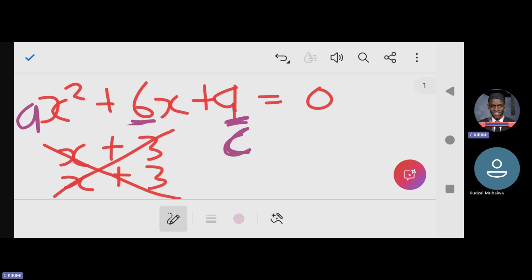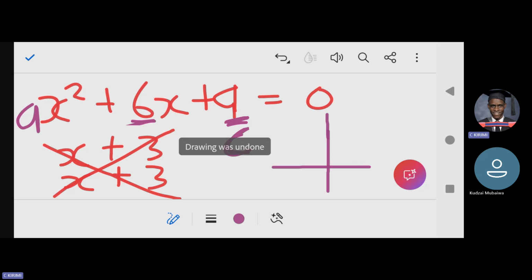So if you are to sketch that graph, your graph will be like this. Is it facing up or is it facing down? Up, because the value of a is positive. So it will face up. Since we are having a root at negative 3, when y is 0, x is -3, so it will cut like this.